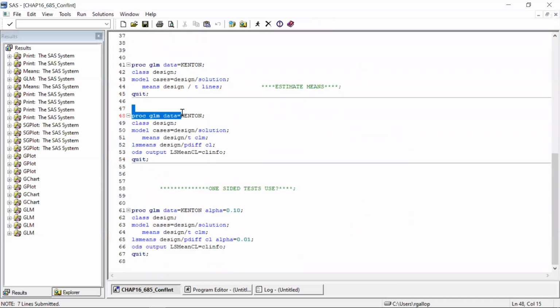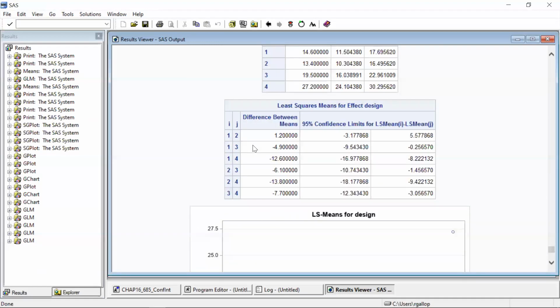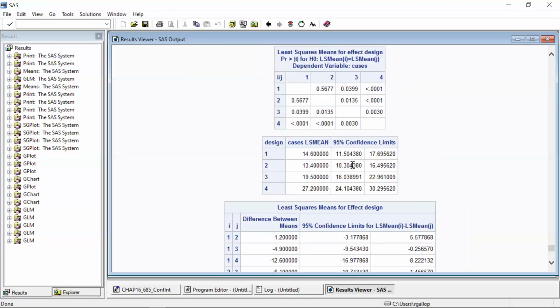Show you this with the Kenton data set. So with the Kenton data set, here are our confidence intervals, right? So let's pay attention really quick to design one. So design one, we have this confidence interval, right? So we have a lower bound of 11.50 and 17.70, we round it off, right?